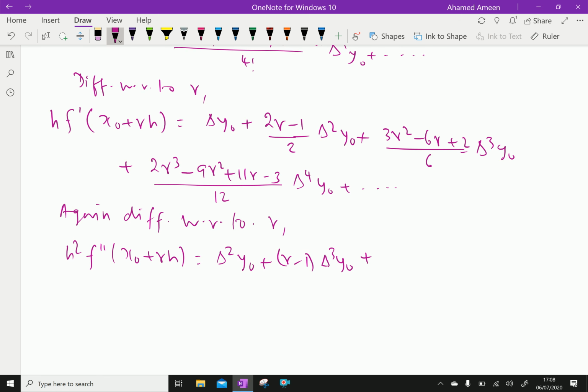Then next, the derivative of 2r cube minus 9r squared plus 11r minus 3 over 12 is 6r squared minus 18r plus 11, so 6r squared minus 18r plus 11 over 12 delta power 4 y0 plus continuation.